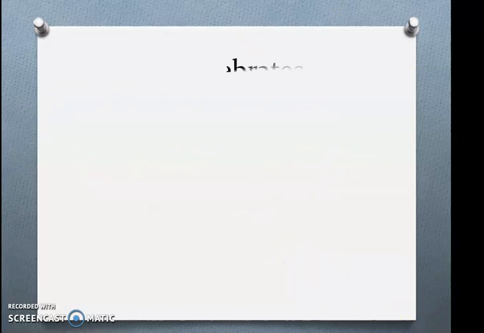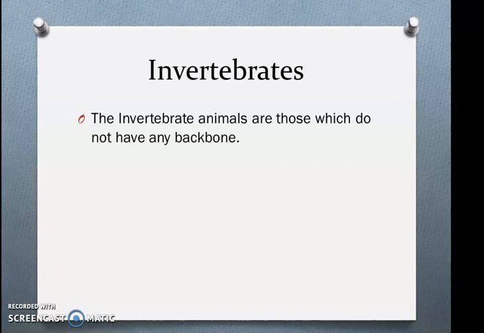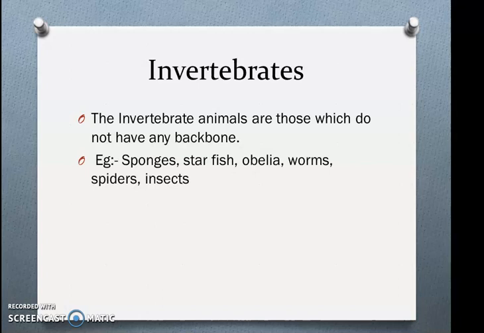The second group of the animal kingdom is invertebrates. Invertebrate animals are those which don't have any backbone. Their examples include starfish, sponge, obelia, worms, spiders, insects, and there are many other groups that we will discuss later in the same unit. But the majority of animals, nearly 98% of animals in the animal kingdom, are invertebrates. Only approximately 2 to 3% are vertebrates.